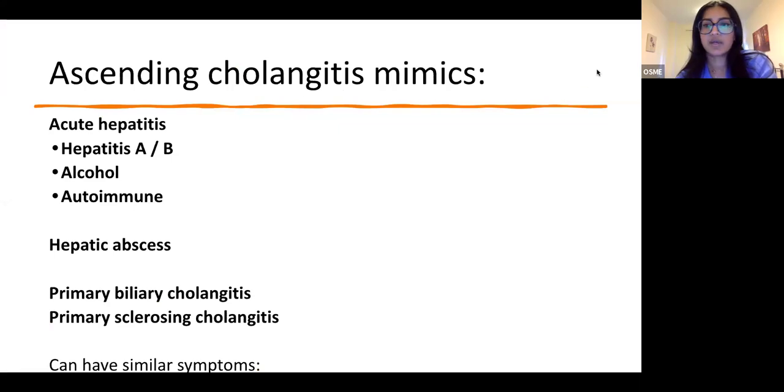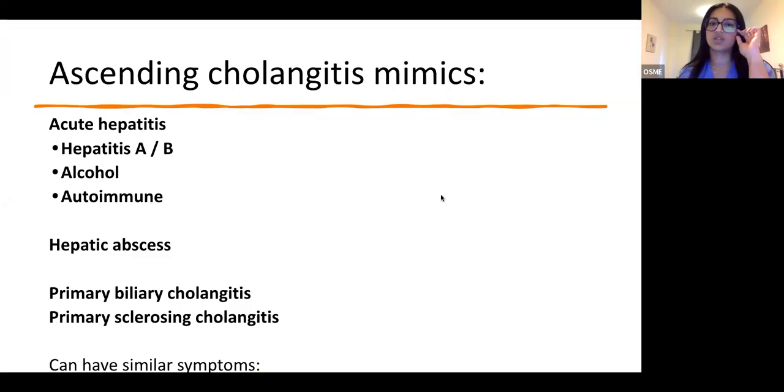So in terms of ascending cholangitis and its mimics, it's really important to remember that there are medical presentations which can mimic common surgical problems. You see a phrase or a presentation and immediately think, oh, it's ascending cholangitis.